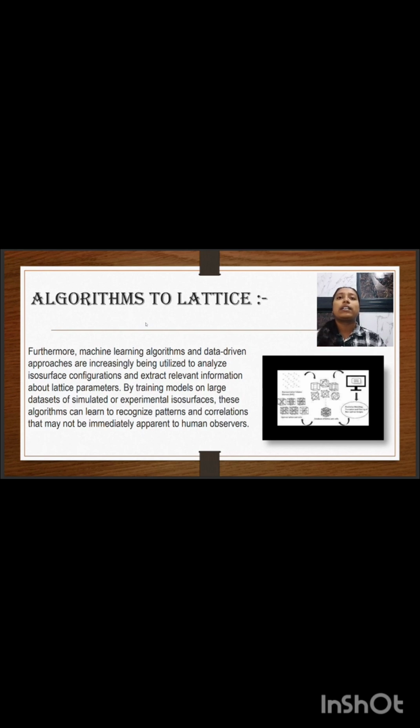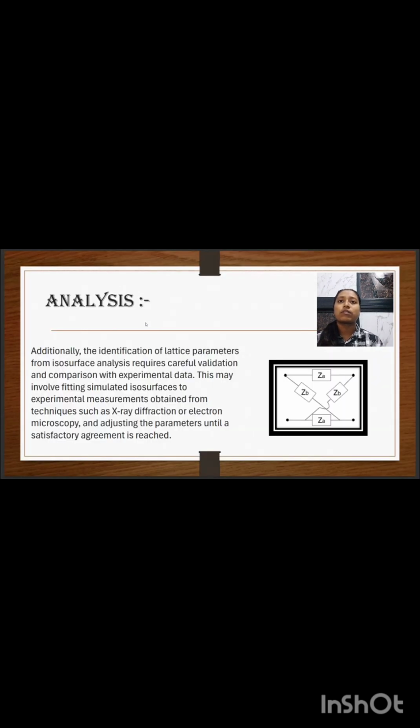Analysis. Additionally, the identification of lattice parameters from isosurface analysis requires careful validation and comparison with experimental data. This may involve fitting simulated isosurfaces to experimental measurements obtained from techniques such as X-ray diffraction or electron microscopy, and adjusting the parameters until a satisfactory agreement is reached.